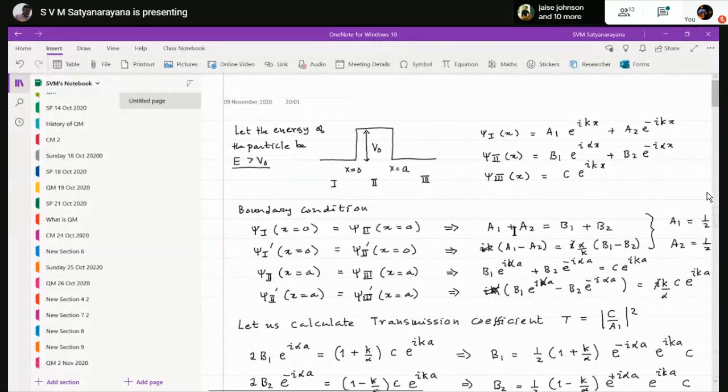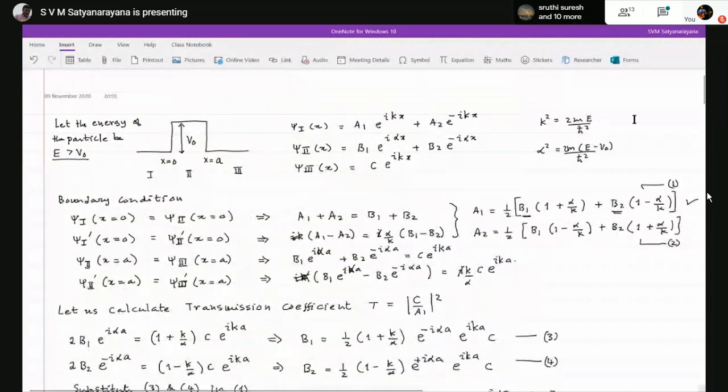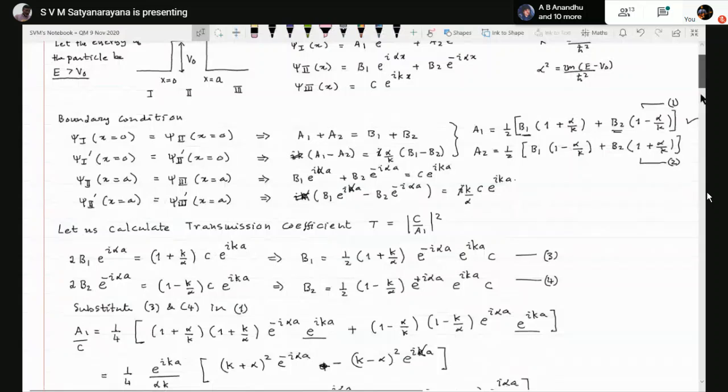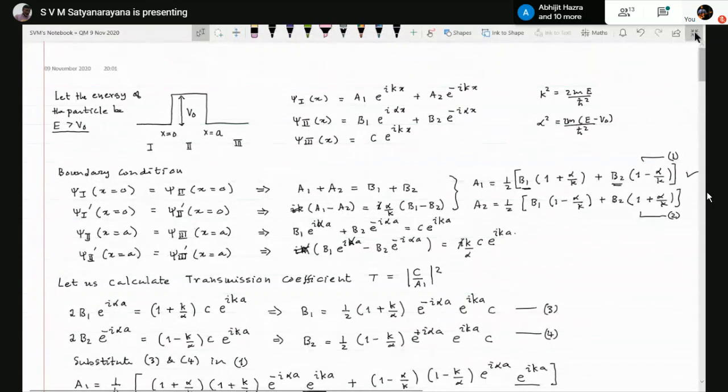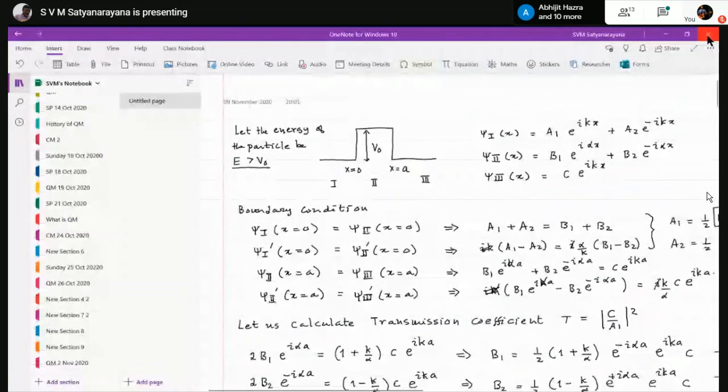And I'm sure for some of you this will be a repetition, because these are problems done in every quantum mechanics course. But nevertheless, we can understand some techniques, some bookkeeping and some physics.